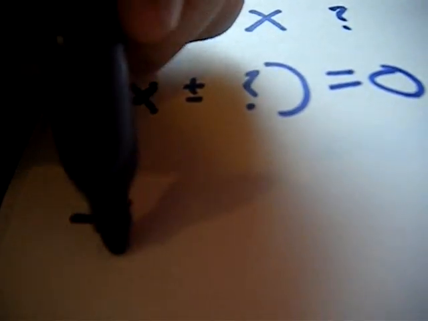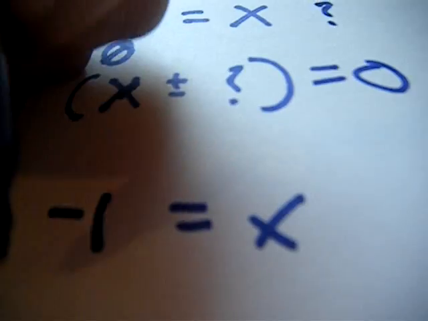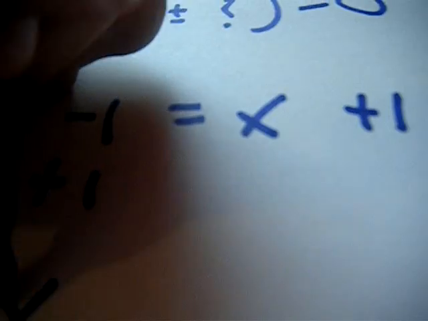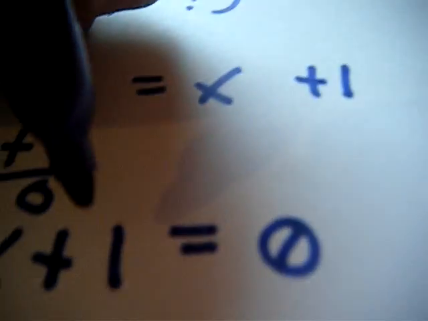Since it's -1 is equal to x, you would add 1 to both sides, making it x plus 1 is equal to 0. So then you know your first equation is x plus 1.